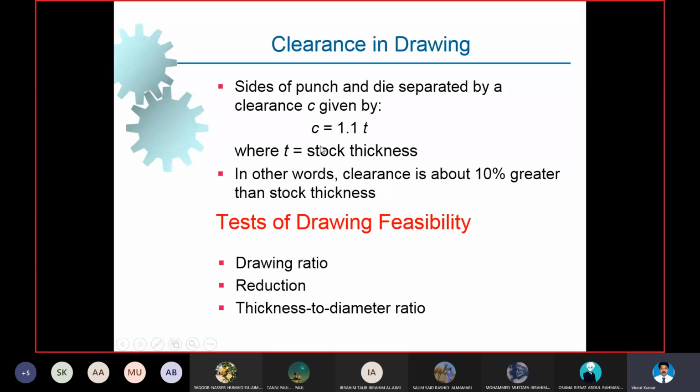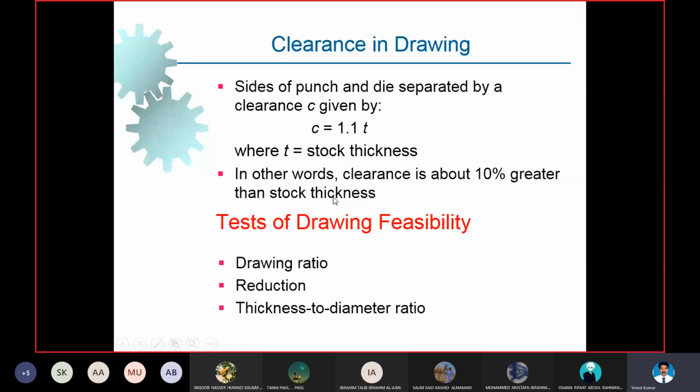Now, can we select the clearance similar to shearing operations, similar to blanking and punching? No, here the minimum clearance required is 1.1 times the thickness of the blank material, so 10% more than the stock thickness.